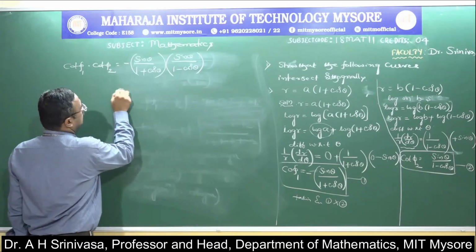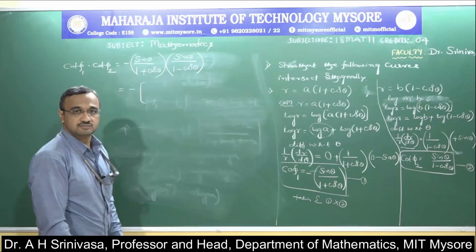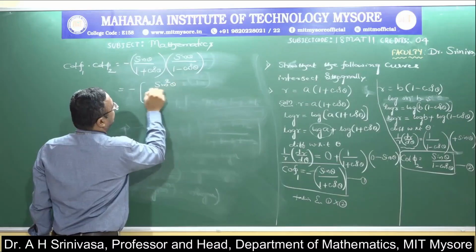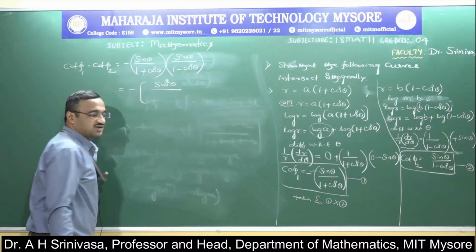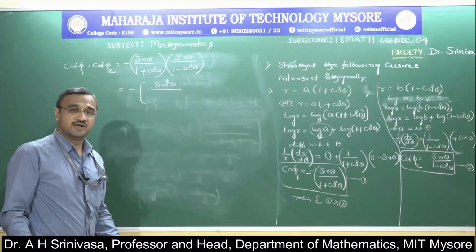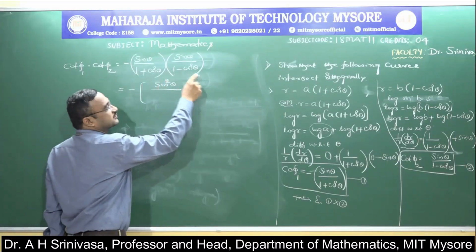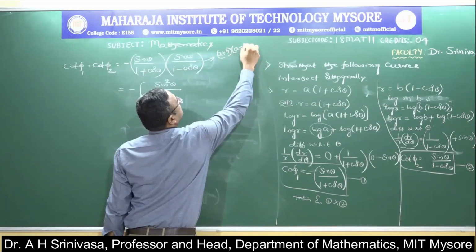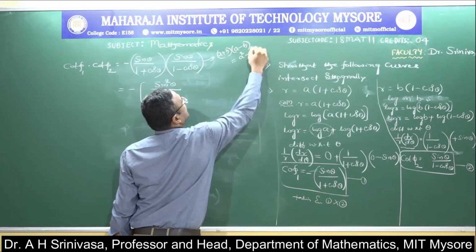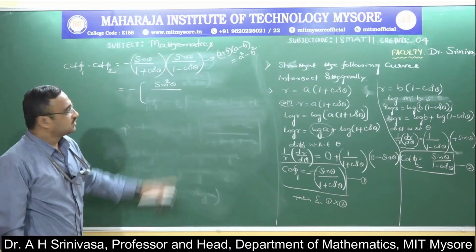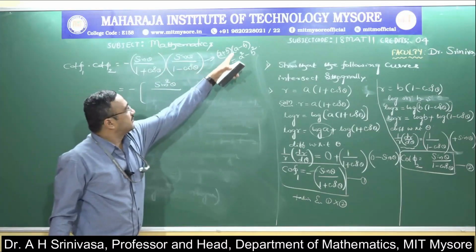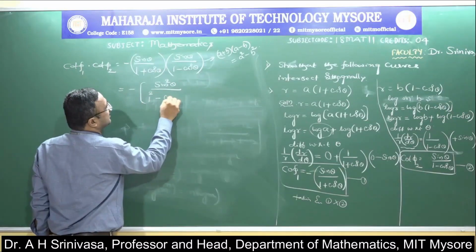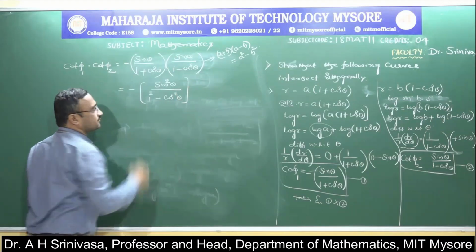So make the simplification. Keep the negative term as it is. Now sin theta into sin theta gives sin square theta, and 1 plus cos theta into 1 minus cos theta. Now use the formula a plus b into a minus b, which gives a square minus b square. So it becomes 1 square minus cos square theta.